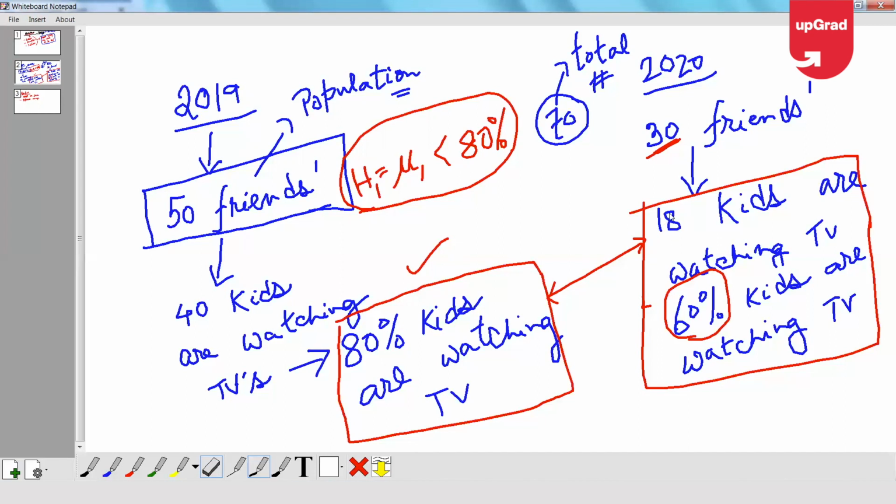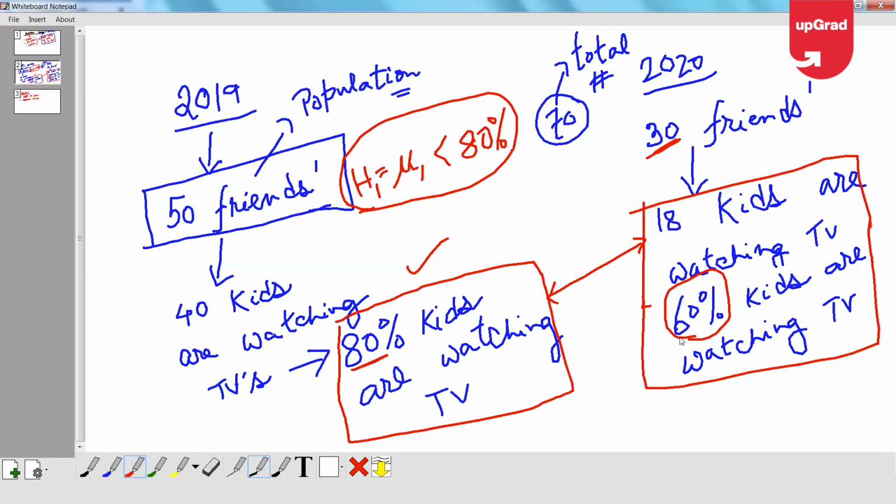Had we observed 24 kids watching TV, then I would have said 80% kids are watching TV and there is nothing interesting happening here. So I really don't need to bother. Nothing has changed.